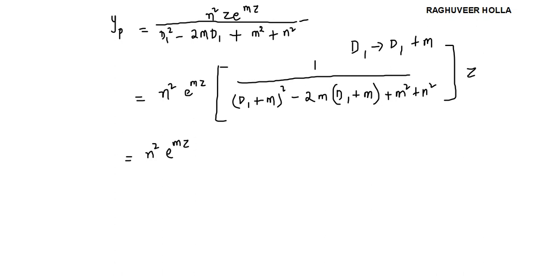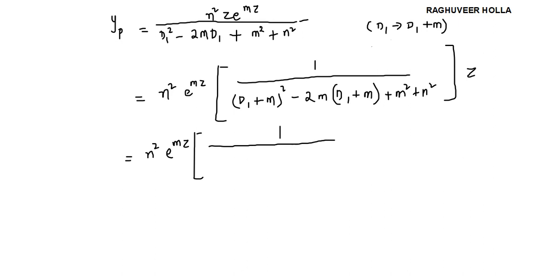After simplifying the denominator, I get d1 square plus n square, multiplied by z.